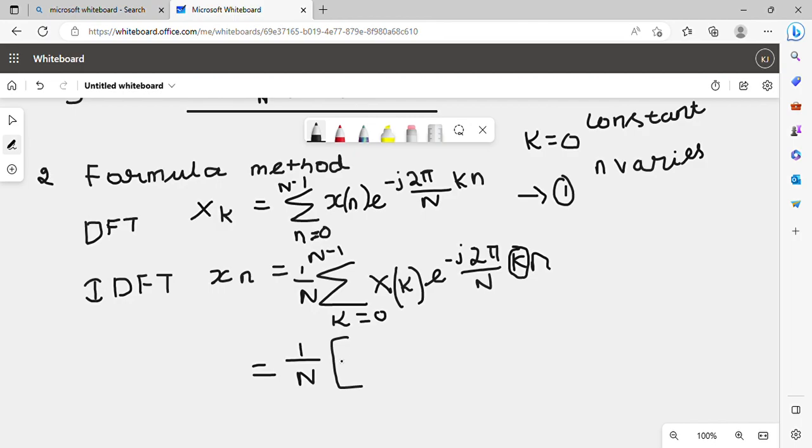Fine. And this is x of 0 into e to the power of minus j 2 pi into 0, students. Yes, this is 0 because first I am substituting n is equal to 0, right? I am going to substitute all the values of k and keep n as it is.